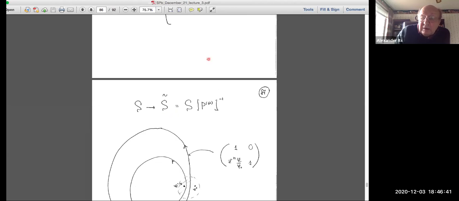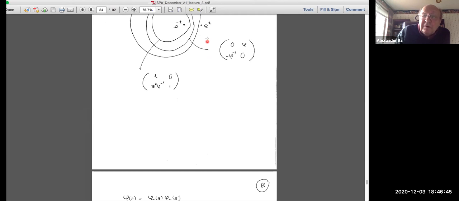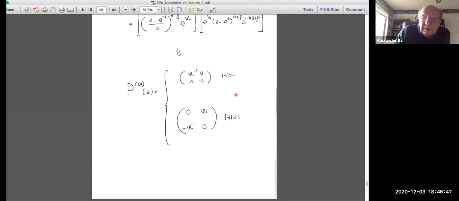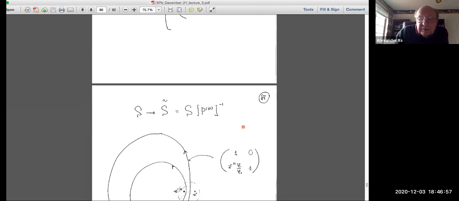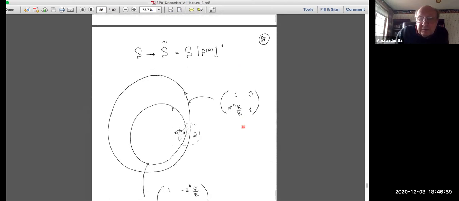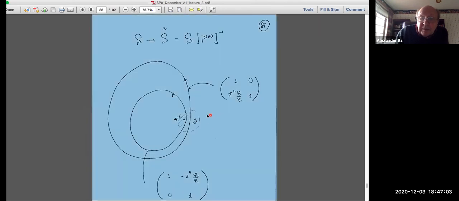So let us, first of all, use this P infinity and get rid of the unit circle, just by this transformation. It is almost what I do in the earlier case.